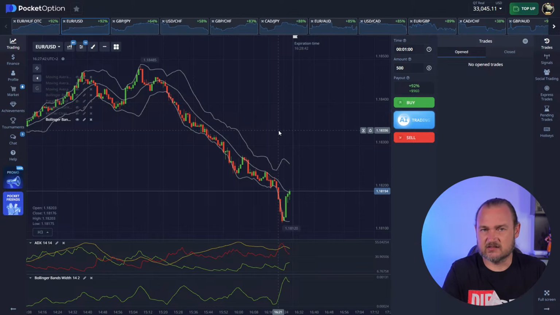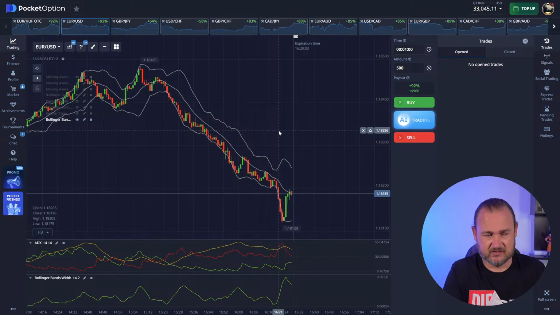Although you can use these on higher time frames as well. Just remember, you're going to need a couple of candles for this to play out. So if you're on a 15-minute chart, you're going to be looking at a 1-hour expiry maybe, or something like that. Okay, so just keep that in mind. It's not a single candle strategy. I don't think I have any single candle strategies, except for the Bollinger Bands crossover.